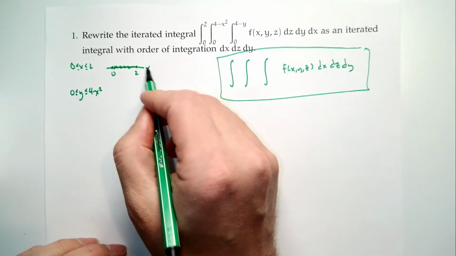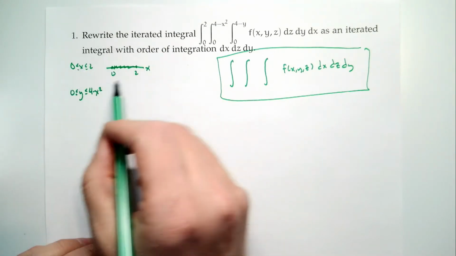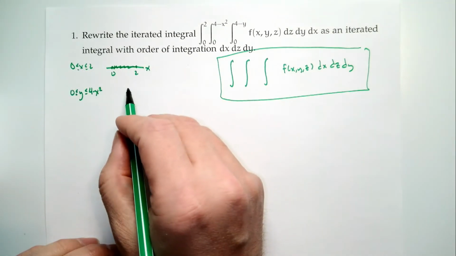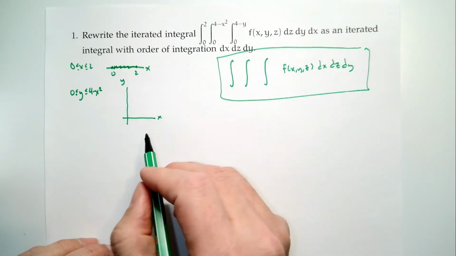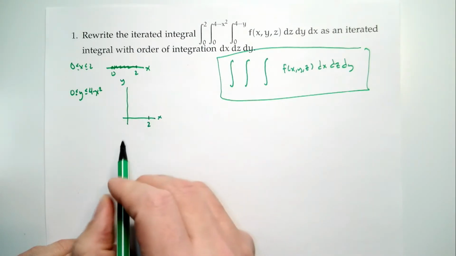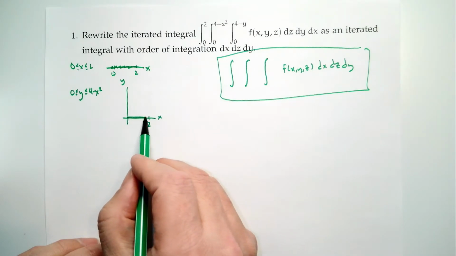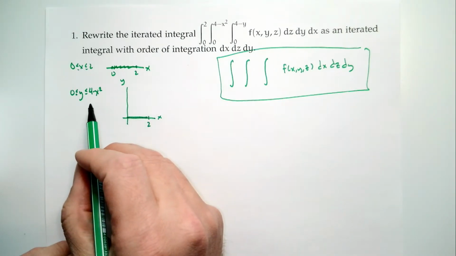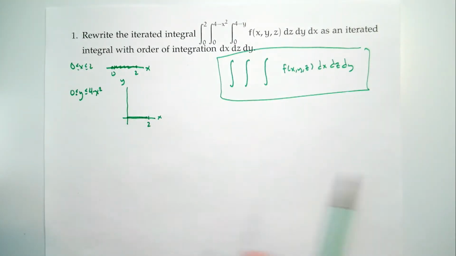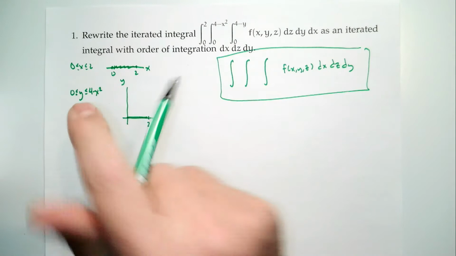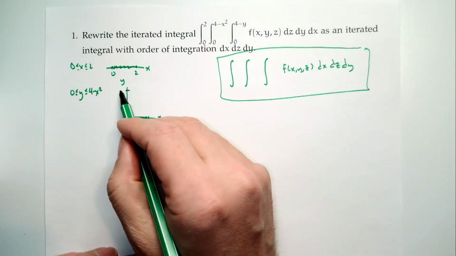All right, so if we start with something one-dimensional, now we're at something two-dimensional, x, y. So we're going 0 to 2. They're going from y equals 0, which is down here, to y equals 4 minus x squared. Well, if y equals x squared is the parabola, the minus turns it upside down, and the 4 shifts it up.